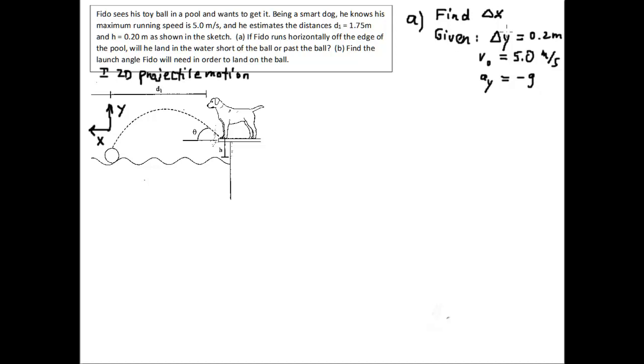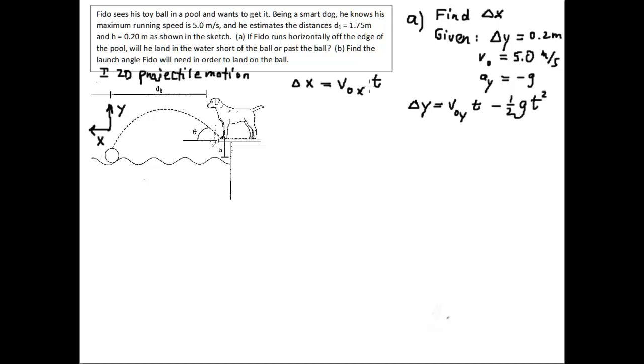So the strategy that we're going to use, which is very, very common in projectile motion problems, is we're going to use the equations for delta x. Delta x is equal to v0x times t, and then we're going to use delta y, because that is v0y t minus a half g t squared.